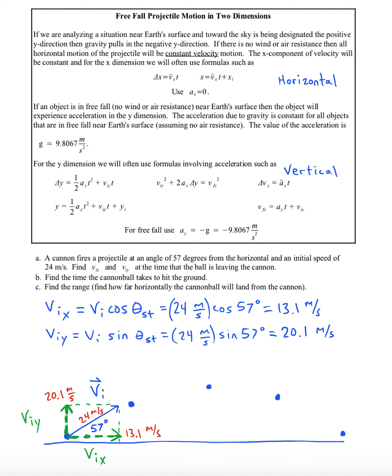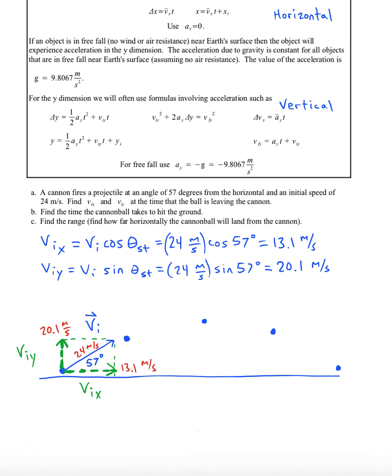Now, sometimes it can be tough to tell which formula we should start with. So you may wish to write down what you have and what you want. So what are some quantities we have? We know everything about the initial velocity.